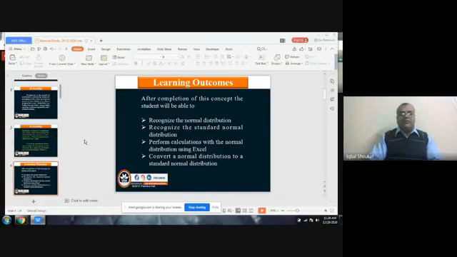Then they'll come to know about the properties of the normal distribution. What is the difference between sample mean and population mean, and under what conditions we have to apply the normal distribution, all based upon today's lecture. Then they'll come to know what the special areas under the normal curve are, and under what conditions we can accept and reject the normal distribution.